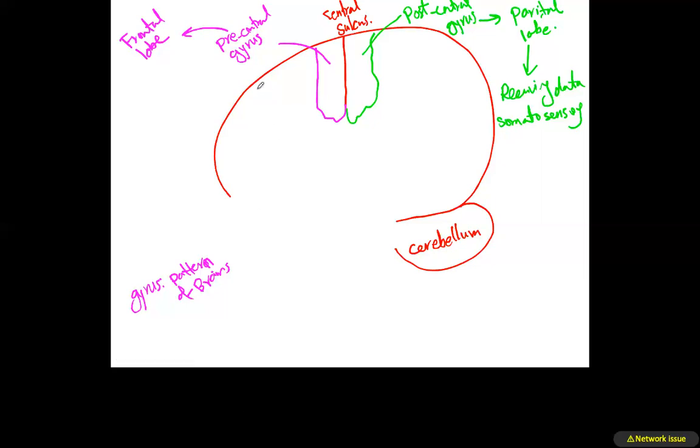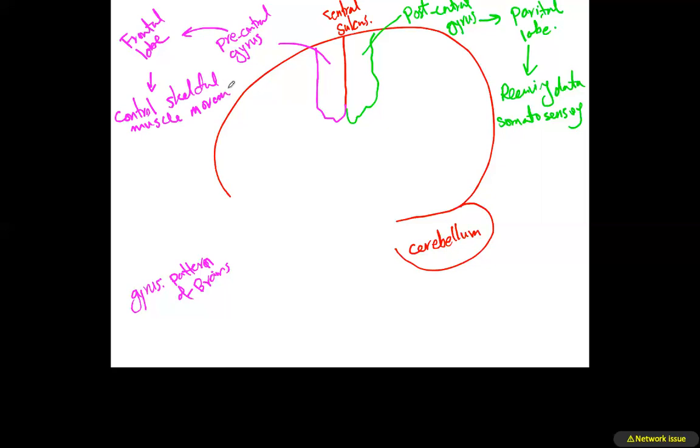Now, the area immediately in front, we talked about this, that being your precentral gyrus, which is associated with your frontal lobe. Now, what is the main function of this? This controls skeletal muscle movement.